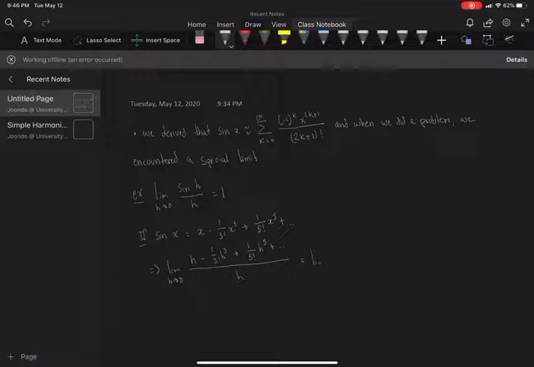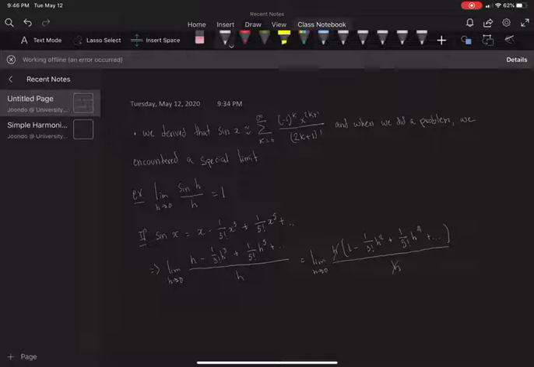This is the same thing as saying the limit as h tends to 0 of h times 1 minus 1 over 3 factorial h squared plus 1 over 5 factorial h to the 4th, and so on, all over h. We can cancel out the h.